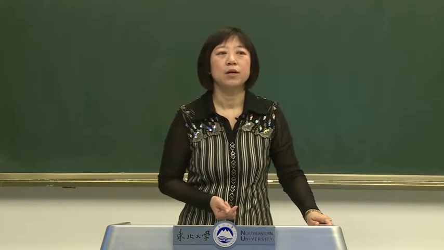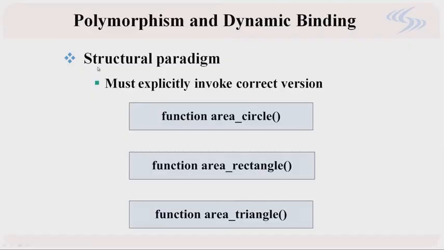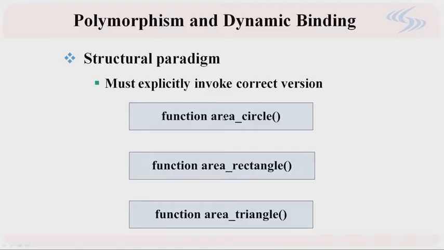Okay. So let's assume that we are following the structural paradigm for the target system. Such a system must explicitly invoke the correct version. So that means the system must provide functions for area achieving of different figures, such as area for circle, area for rectangle, area for triangle, and so on.